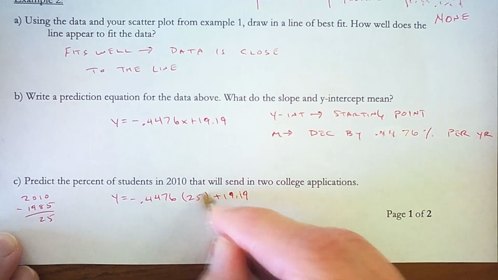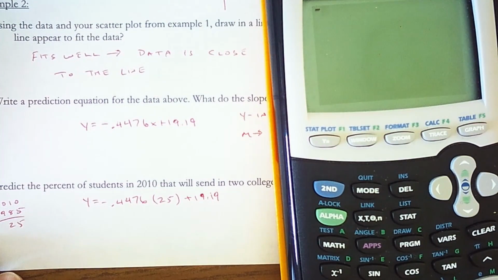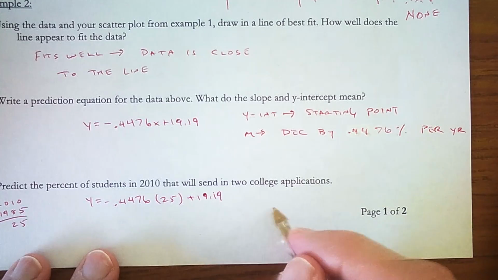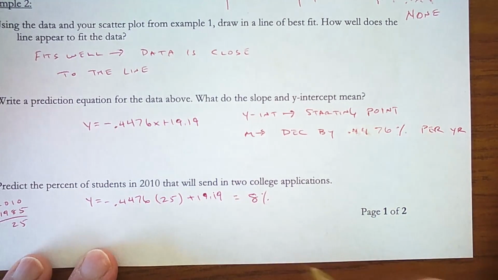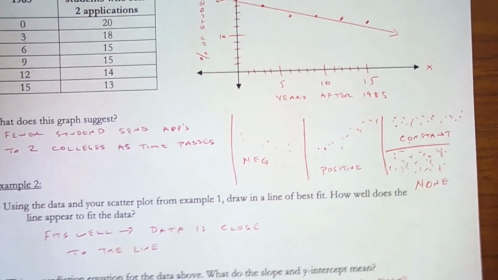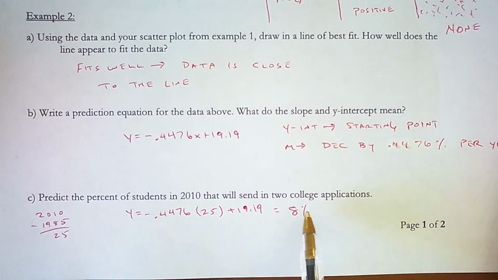So 2010 would be year 25. So negative 0.4476 times 25 plus 19.19 is 8. So we're going to say it would have been about 8%. If this decreasing trend holds true, then we would estimate that in the year 2010, it would have been about 8% who would have turned in 2 college applications.